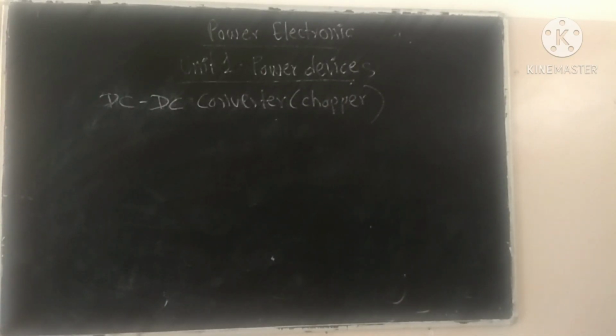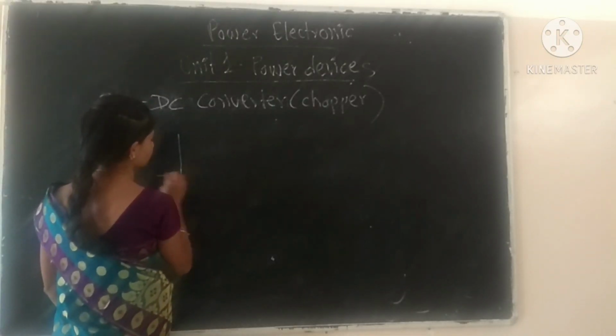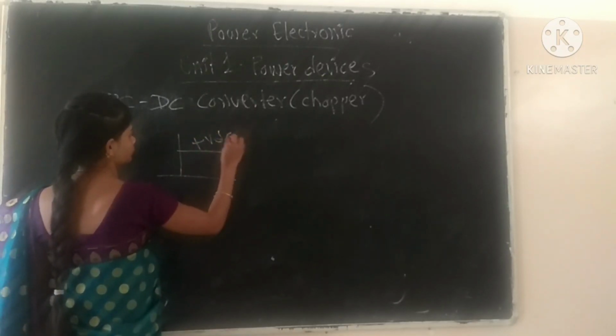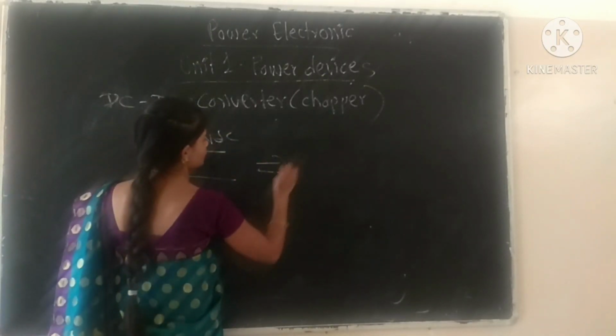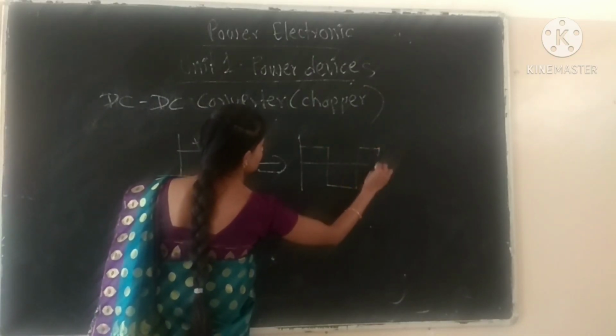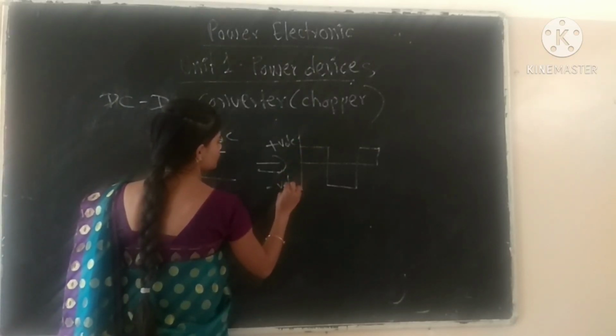In the DC to DC converter, the input is a fixed DC voltage, plus VDC, and the output is a variable DC voltage, with variable frequency and voltage, plus VDC and minus VDC.